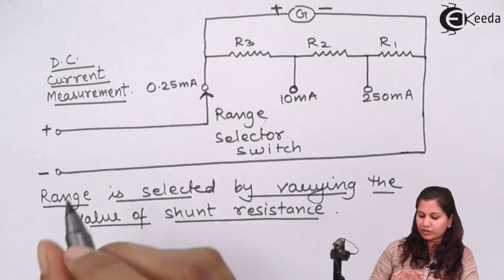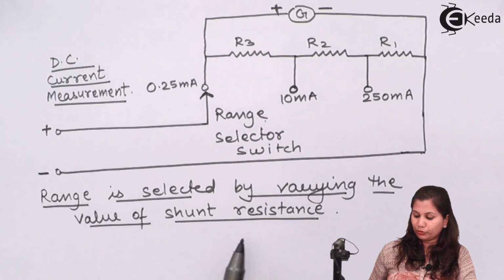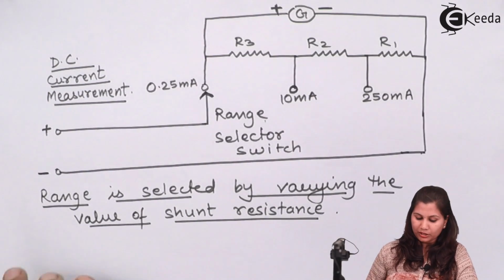If we want to change the ranges of the current measurement, we can do so by varying the value of the shunt resistance.